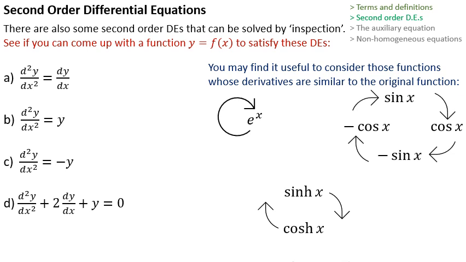So, for the very first one, probably the first one that springs to mind for you is the first one that sprang to mind for me, y equals e to the x. If it's a function that differentiates to itself, then of course its second derivative must match its first derivative. And you could even, in this case, integrate both sides and get dy by dx equals y.